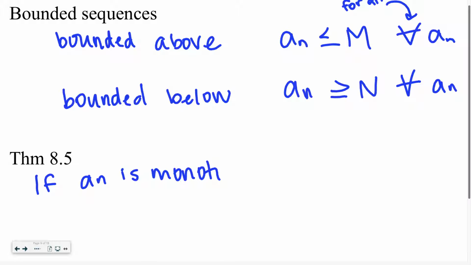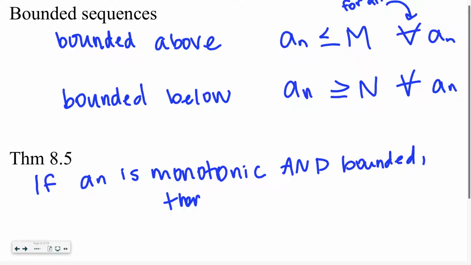Theorem 8.5: if a sequence is monotonic and bounded, then it converges. It's really 9.5, they're both changed, but that's fine.